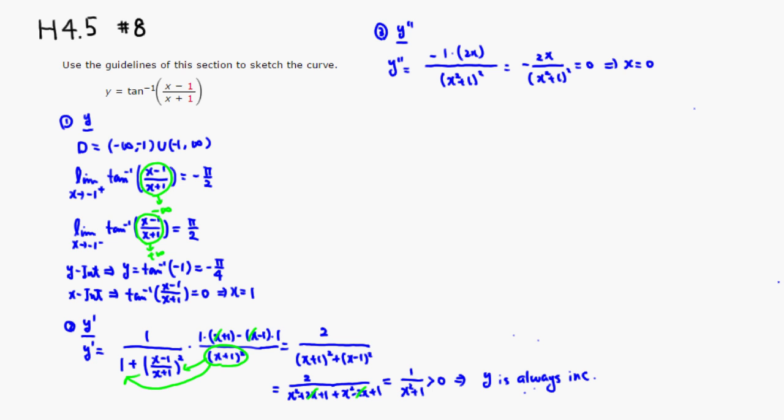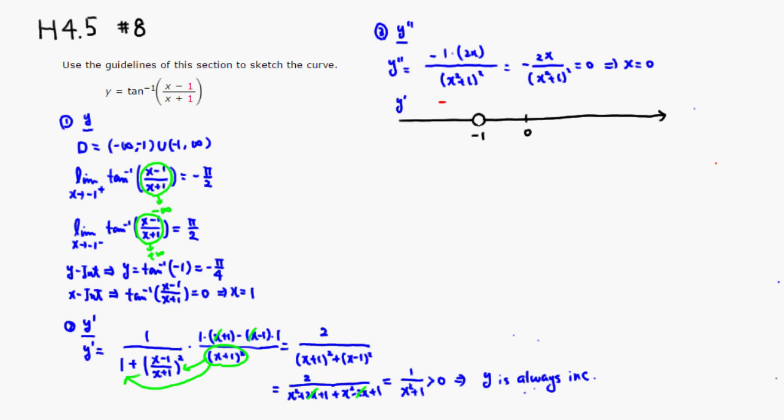Right? So if you draw a number line here, then you have here's a 0. Then the domain excludes negative 1, so we put the negative 1 here. Maybe I'll put an open circle there. So here's an open circle, and I'm going to use white to white that out. Alright, then we can look at the increasing and decreasing behavior. y prime is always positive, so it's always increasing.